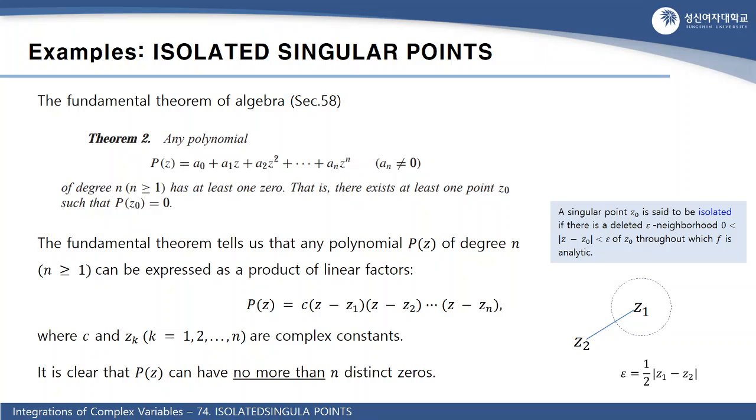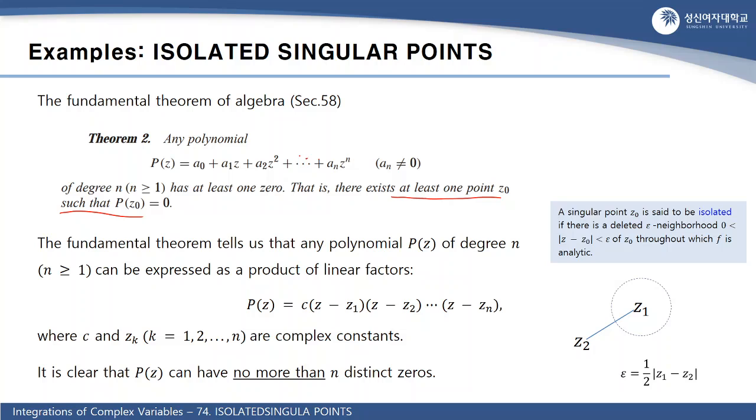We revisit that there. The fundamental theorem of algebra says any polynomial p(z) equals a0 plus a1 z plus a2 z squared plus up to an times z to the n, here an is not equal to 0, of degree n has at least one zero. That is, there exists at least one point z0 such that p(z0) is equal to 0.